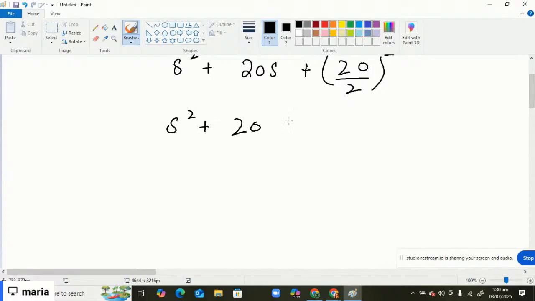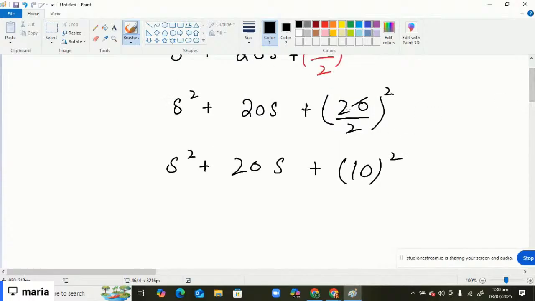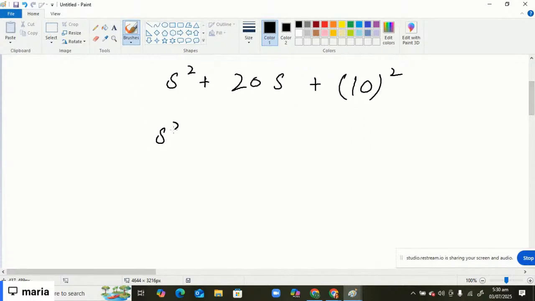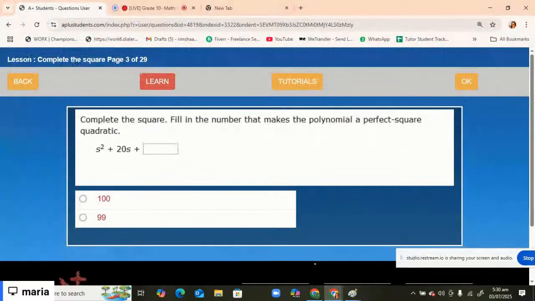Now s square plus 20s plus 10 square. 2 times 10 is 20. Okay, s square plus 20s plus 100. So this is your c value, that is 100.